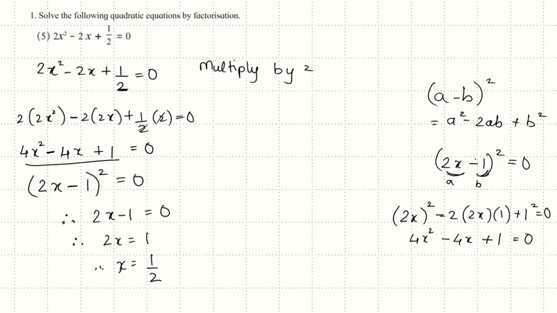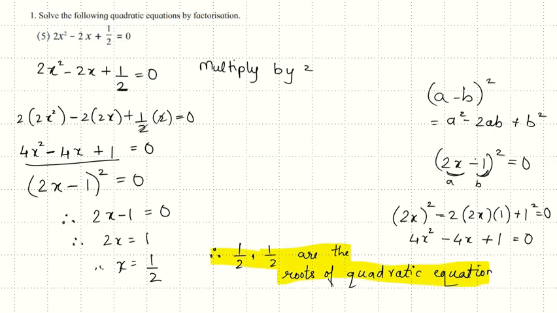As we have found x is equal to 1 upon 2, therefore we can write 1 upon 2, comma, 1 upon 2 are the roots of the given quadratic equation. You can also try and solve this equation by the factorization method, where you can split into 1 and 4, multiplying to 4, and you should get minus 4x on addition.